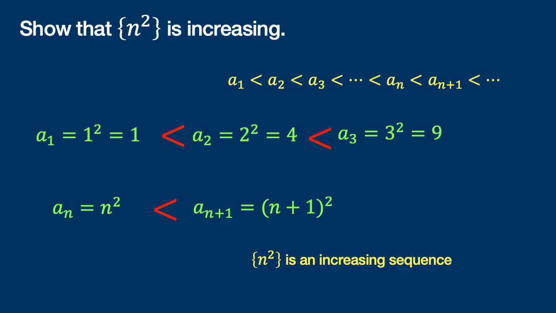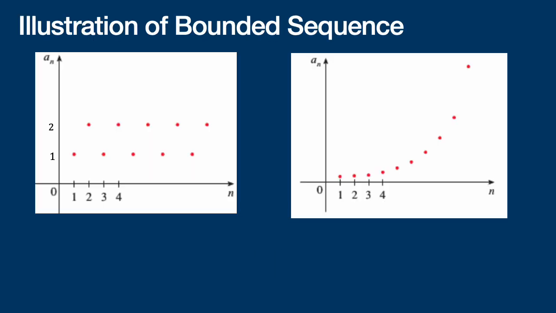We have two different types of sequence. One is increasing, the other is decreasing. We call these monotonic sequences. Another characteristic of a sequence is bounded. Guys, what does bounded mean? So I sketched the graph of a sequence right here.